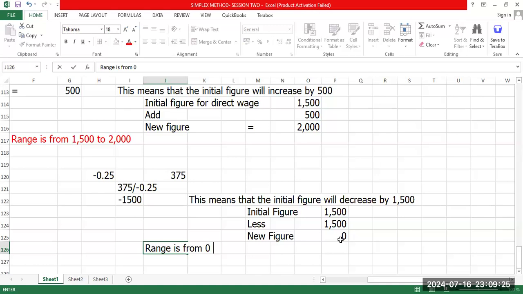It will be from 0 up to 1,500. That's how you can handle a range. Any question?